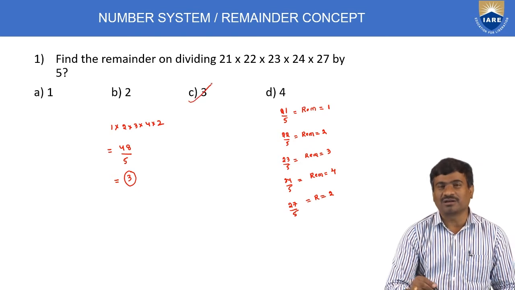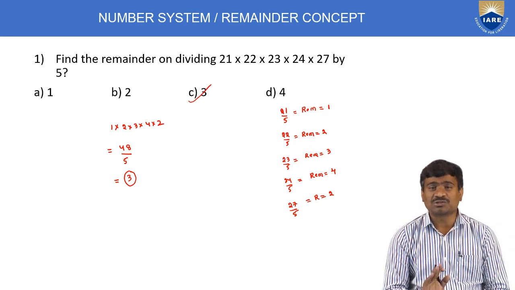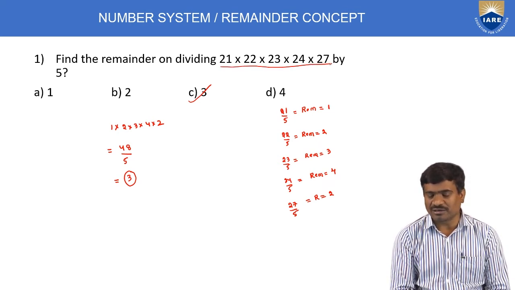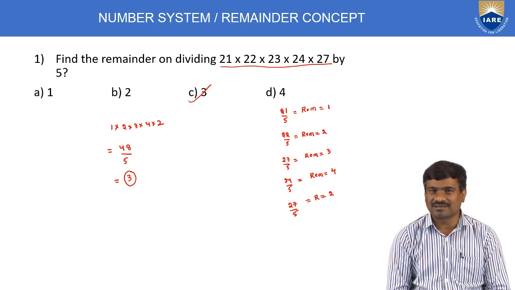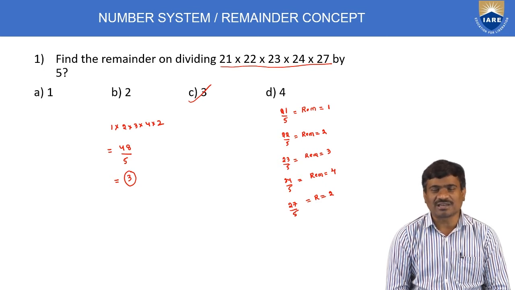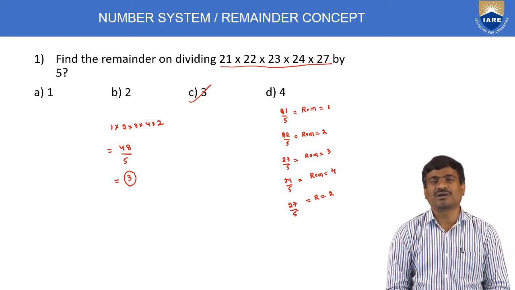This is the remainder concept method. But the general procedure for the above problem is to first calculate the solution, divide by 5, and take the remainder. Suppose lengthy questions are given; using a calculator is too difficult, because in campus placements and competitive exams, calculators are not allowed.